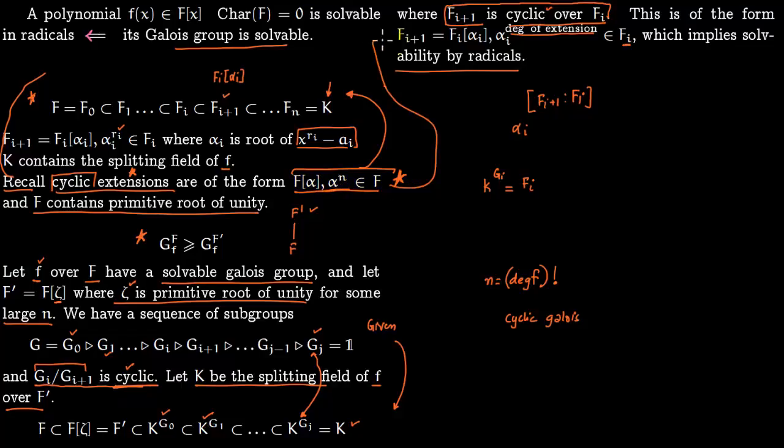This is the one which we are using here. Precisely because we wanted to use this result, we had to have F contain a primitive root of unity. Otherwise we could not have used the result right here. So precisely that's why we adjoined zeta to it.